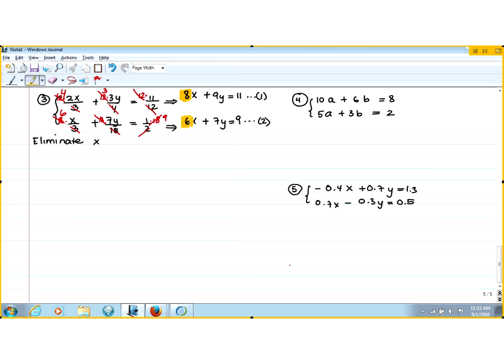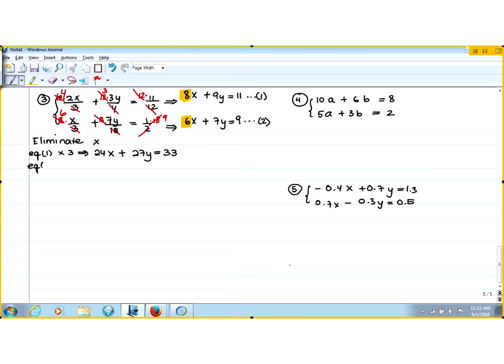Okay, so I need to have 24 and negative 24, right? Okay. So equation 1, what am I supposed to do with equation 1? I need 24. Multiply by 3. Okay. So 24x plus 27y is equal to 33.